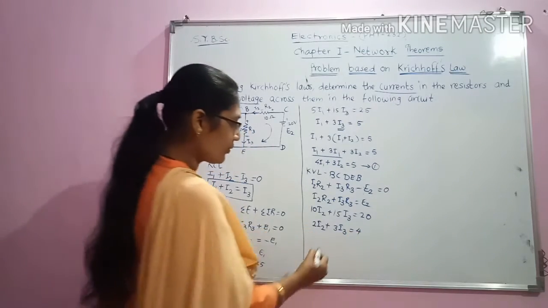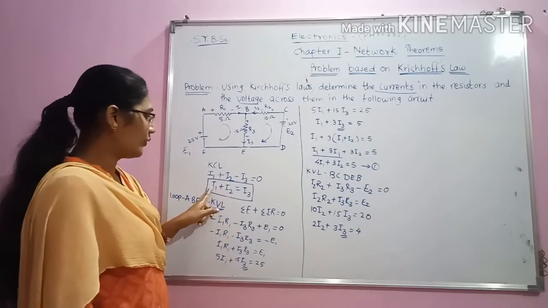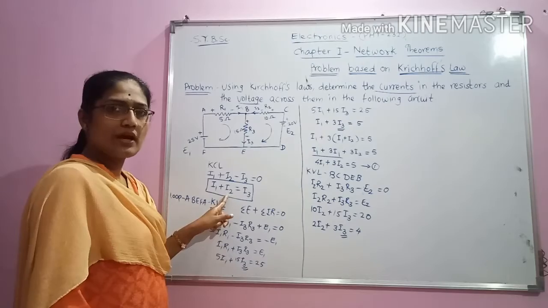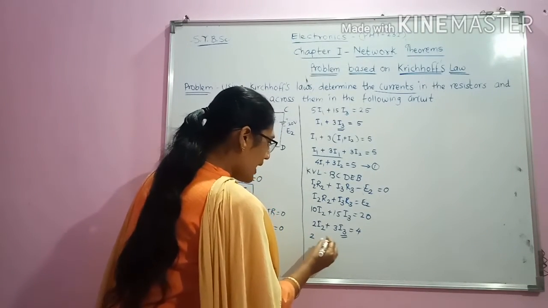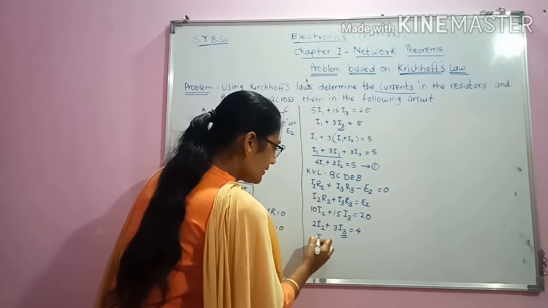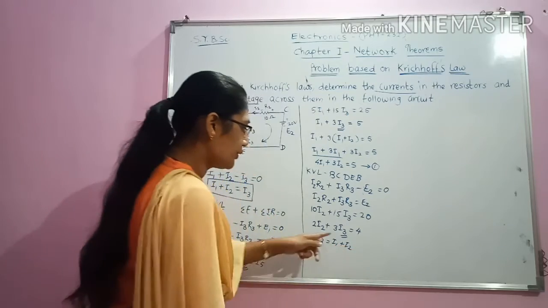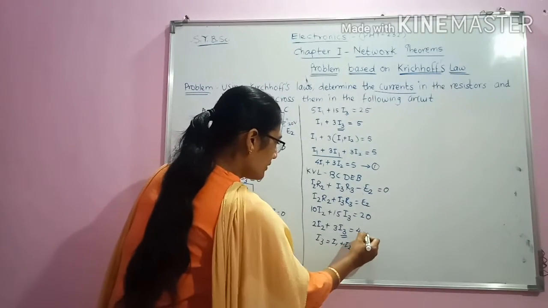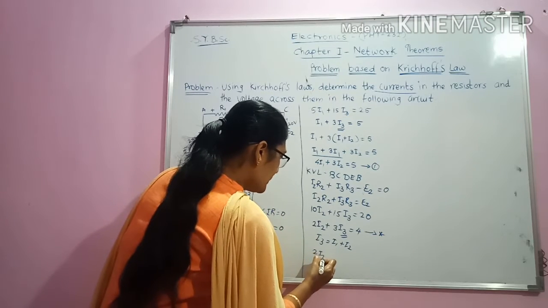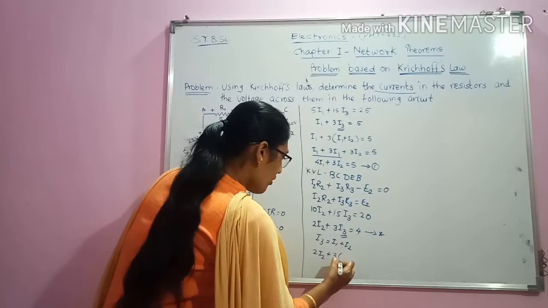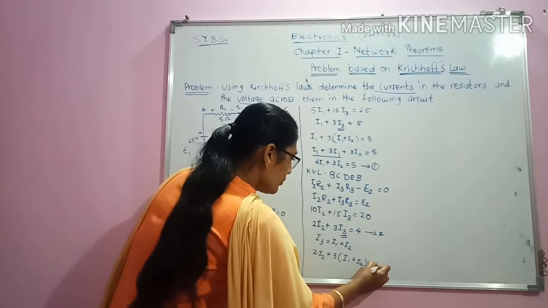Now again we have to substitute the value of I3. Here the value of I3 we have obtained as I1 plus I2. So substitute I3 equal to I1 plus I2 in this equation. So twice of I2 plus thrice of I1 plus I2 is equal to 4.